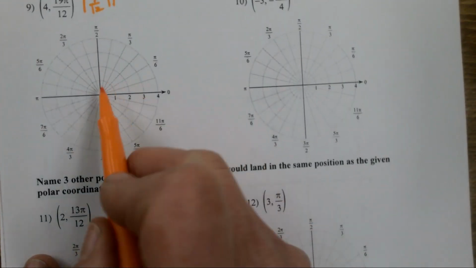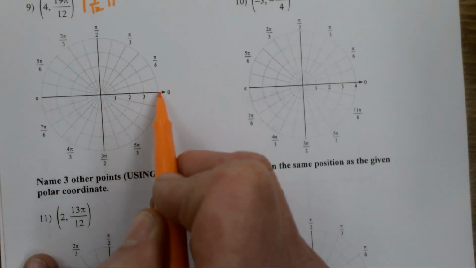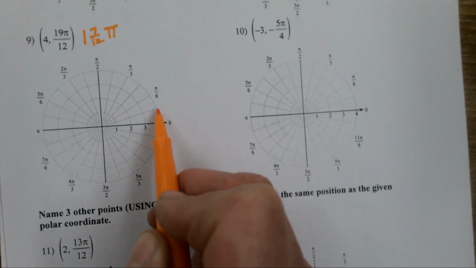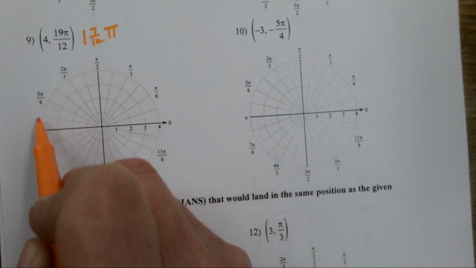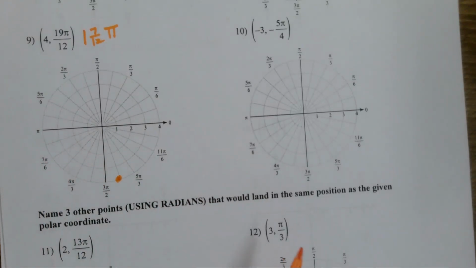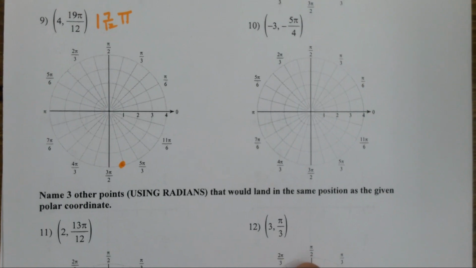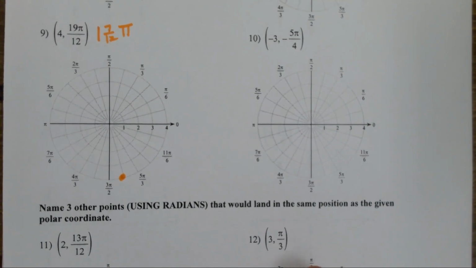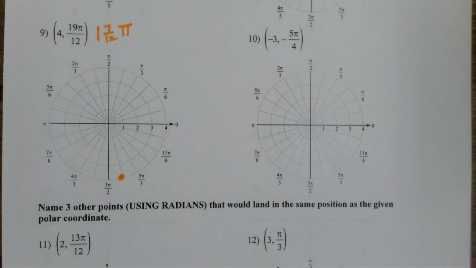Same thing, only difference is I'm moving out 4. Moving out 4, and then moving 1 pi and a little bit more than a half. I'll put it right there. I'm not going to measure where your things are, so don't worry too much about that. If it's on a graph, approximate. It's not 5 pi over 3, it's just a little bit more, so I'll put it before 5 pi over 3.